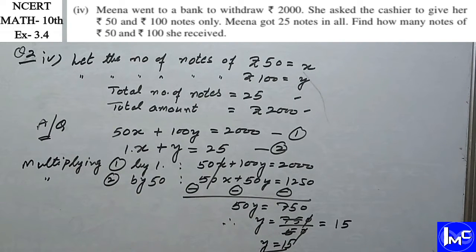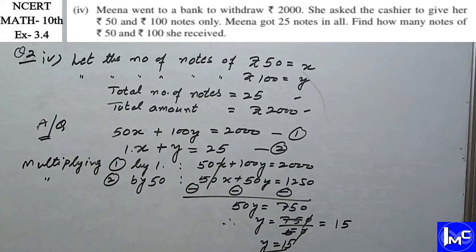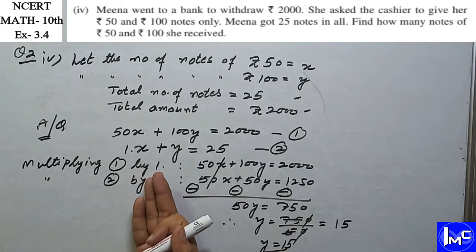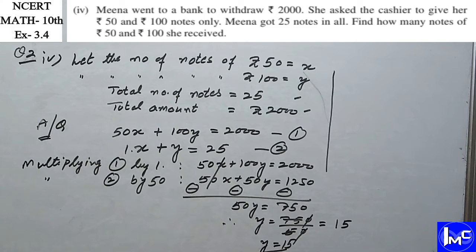And for this value of y, we will find the value of x by substituting it in one of the equations, and we know that in equation 2 the coefficients of x and y are very small numbers, so it will be easy to solve this type of equation, and so we will get the value of x from this.